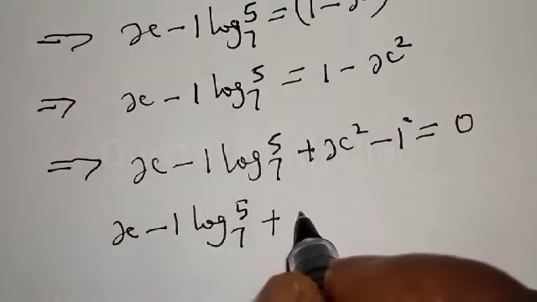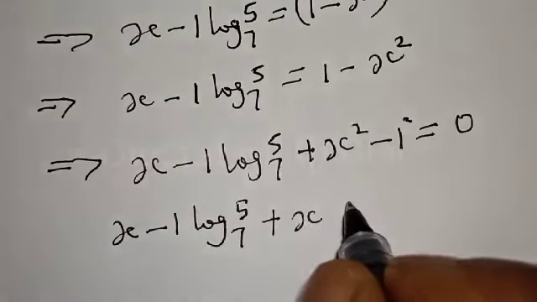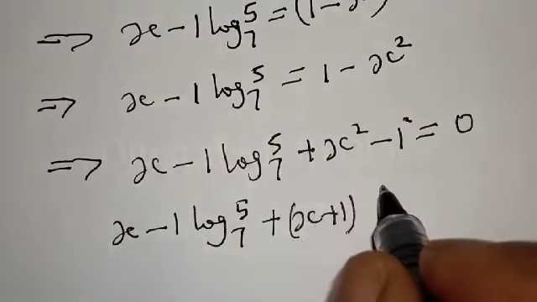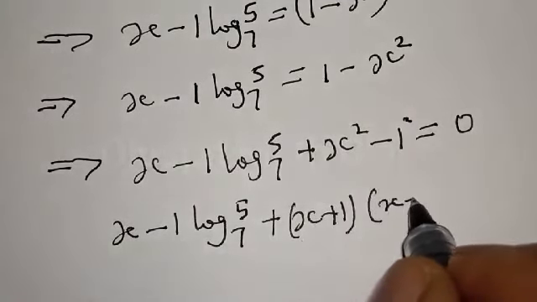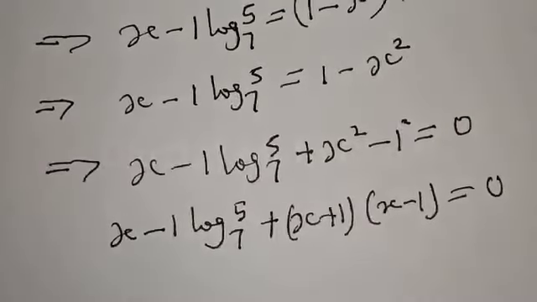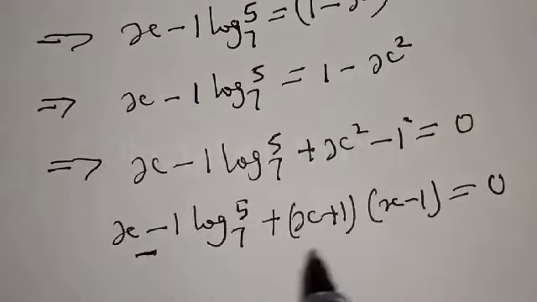This can be written as x plus 1 into x minus 1 equal to 0. And here we have x minus 1 common.